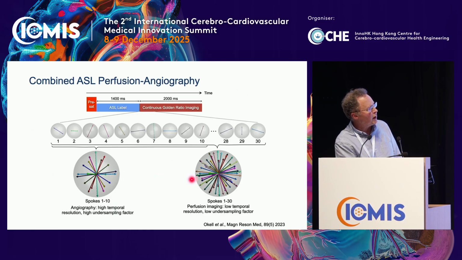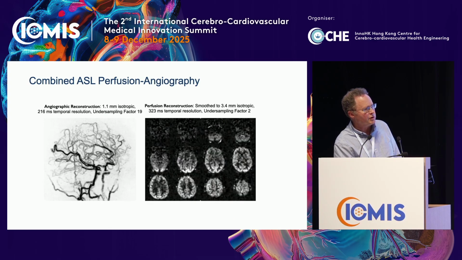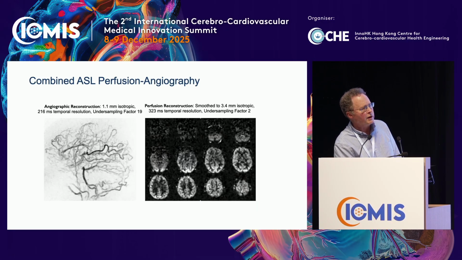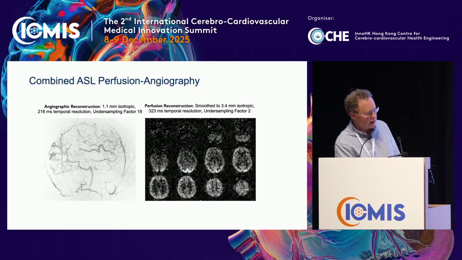Whereas if you take a larger number of spokes and reconstruct at a lower resolution, then you can reconstruct perfusion images. This is an example of such a data set, where the same underlying acquisition has been used to reconstruct both angiographic information and perfusion information at various different labeling delays.